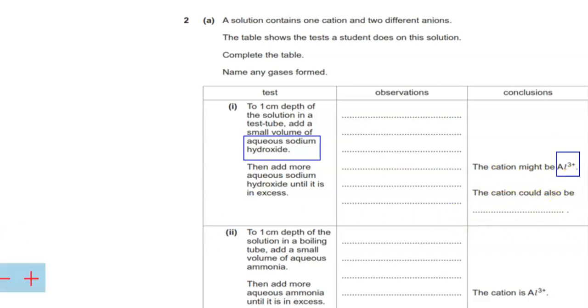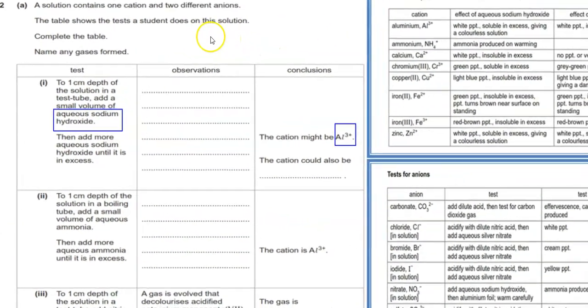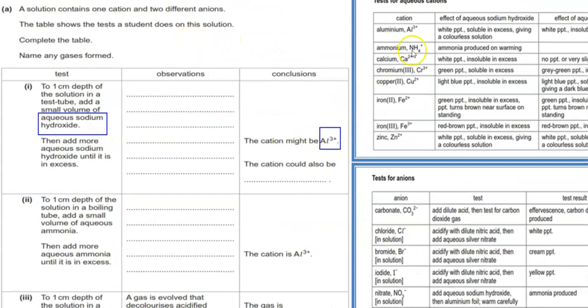So let us check the key which is given to us. Here we have a test with sodium hydroxide. Let's begin. This is with a few drops of sodium hydroxide. And where is aluminum? Here we have aluminum.